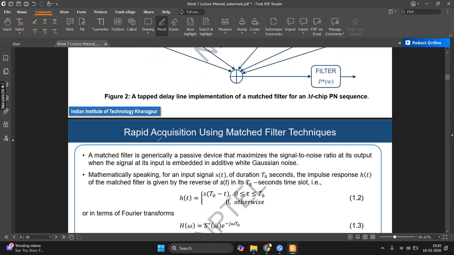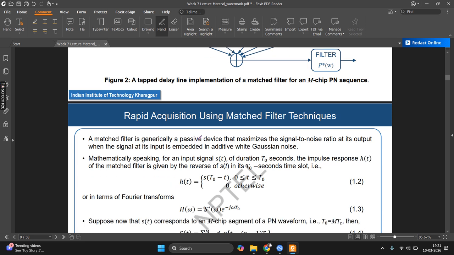Now, a matched filter is generically a passive device that maximizes the signal to noise ratio at its output when the signal at its input is embedded in additive white Gaussian noise. So if a signal is coming with AWGN, ideally the passive filter, the matched filter, will be the filter whose coefficients give you the maximum SNR.